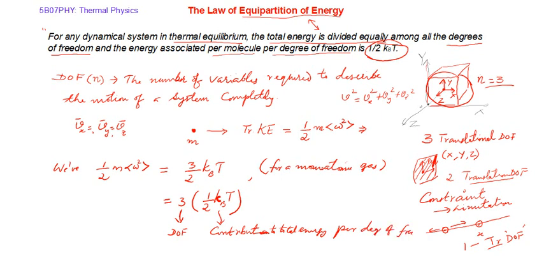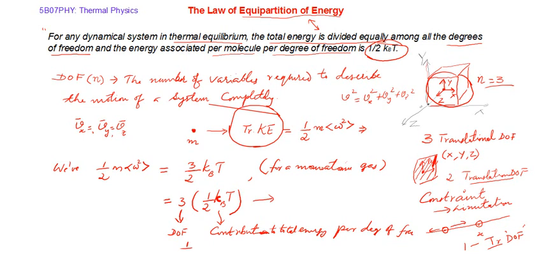So the total energy of the system is equal to 3 into half kBT, equally divided amongst the axes. Half kBT is contributed by motion along the x direction. Half kBT is contributed by the motion along the y direction.